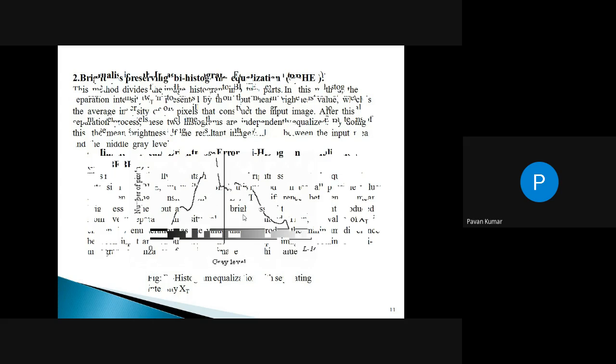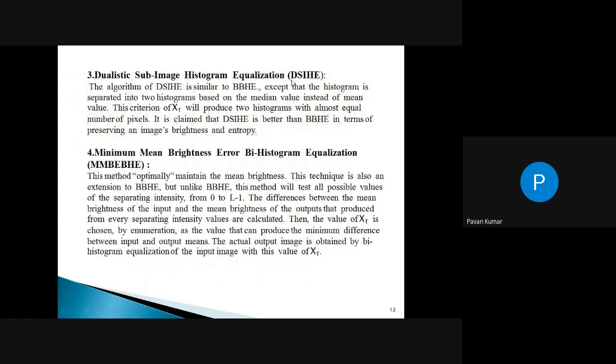Next, dualistic subhistogram equalization. This is similar to the previous bihistogram equalization technique, but the difference is that in the previous one we took the mean of the intensities of the input image as the xt value, whereas here we take the median value.